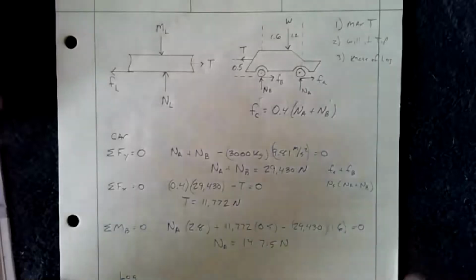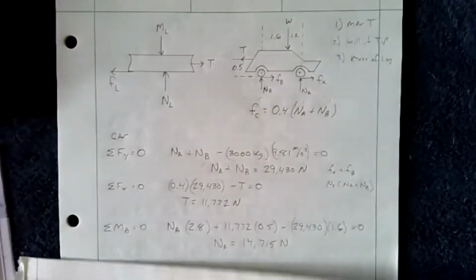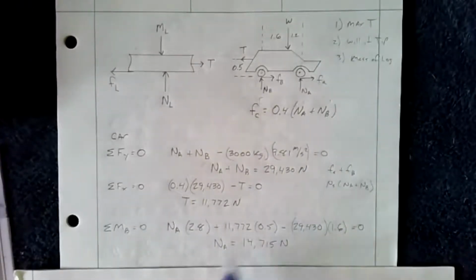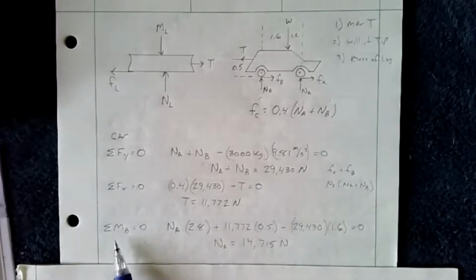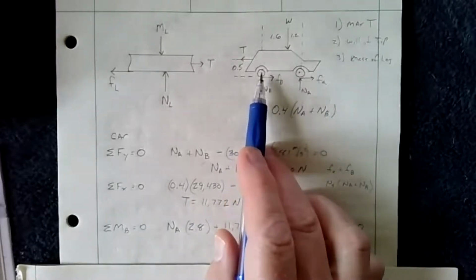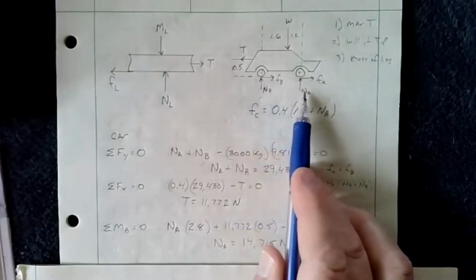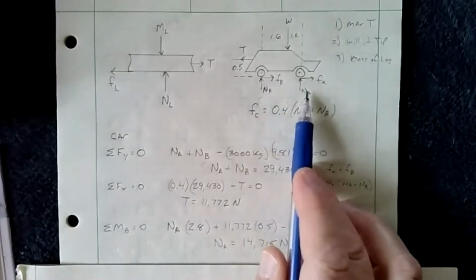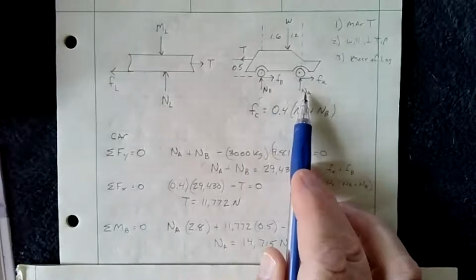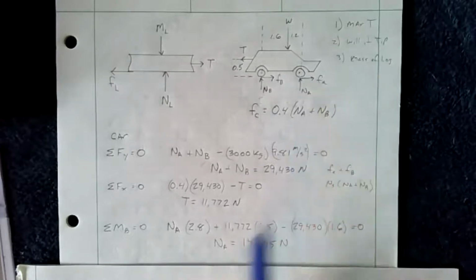So as I said, we've got to figure out, is the thing going to wheelie? Well, if we sum the moments about the back, B, then if it wheelies, NA would be 0 or less than 0, which, as I said, has no physical meaning, but it tells you what's going on, that it is wheeling.